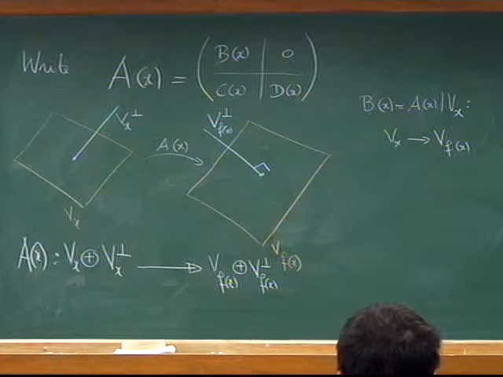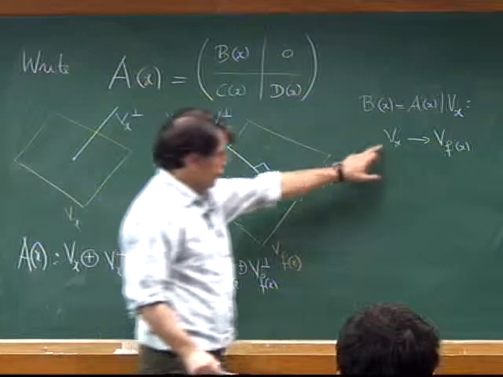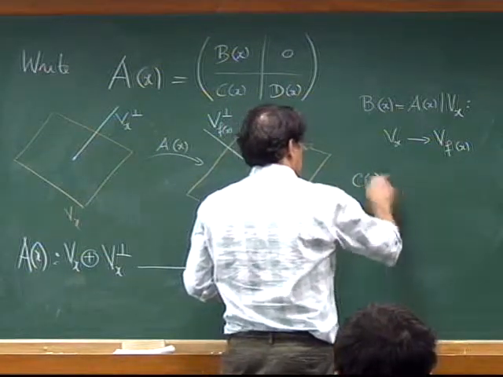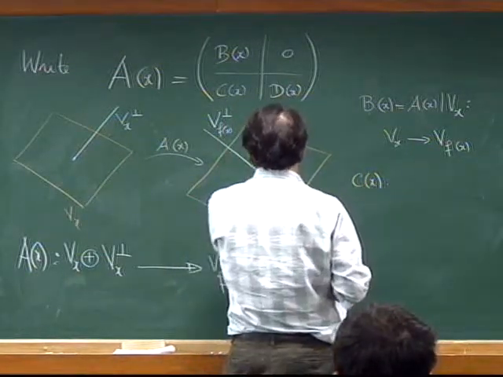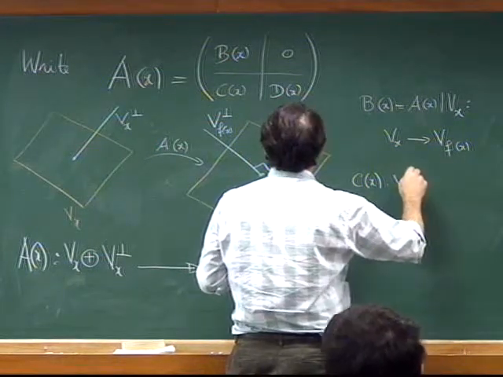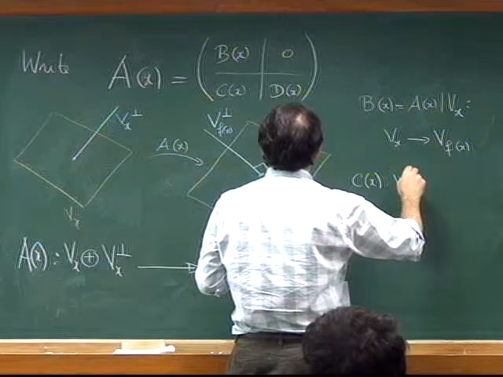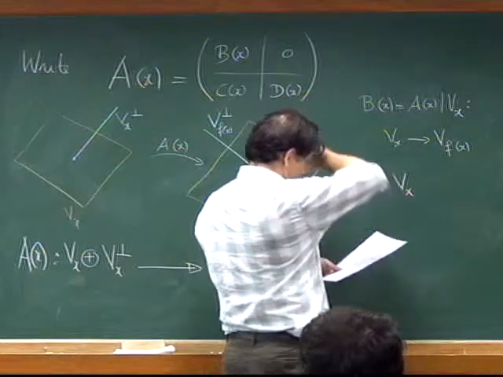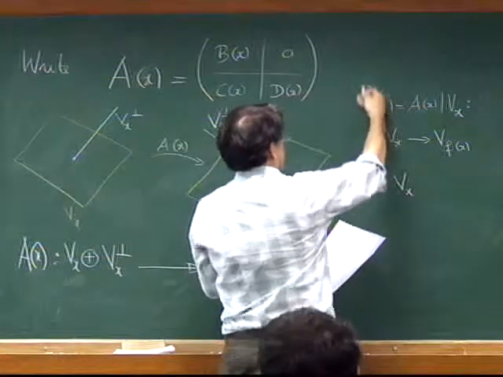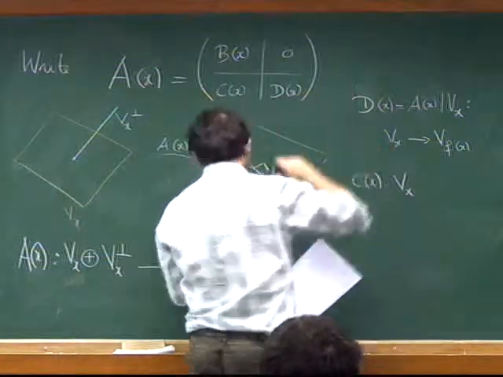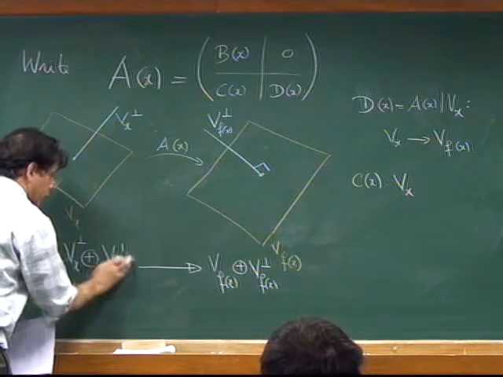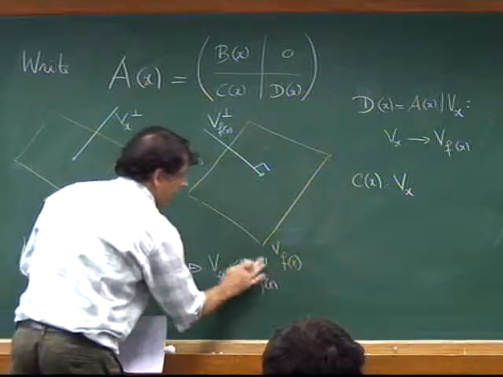So B goes from Vx to V f of x. I'm sorry, this is D. And here, I want to write the sum differently: first the orthogonal and then the space.